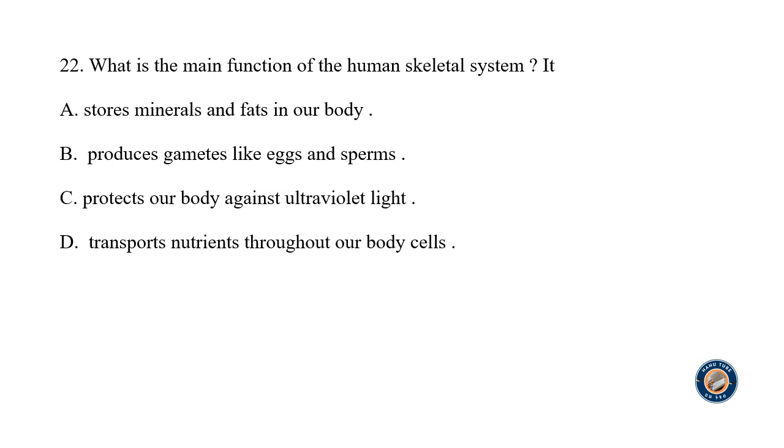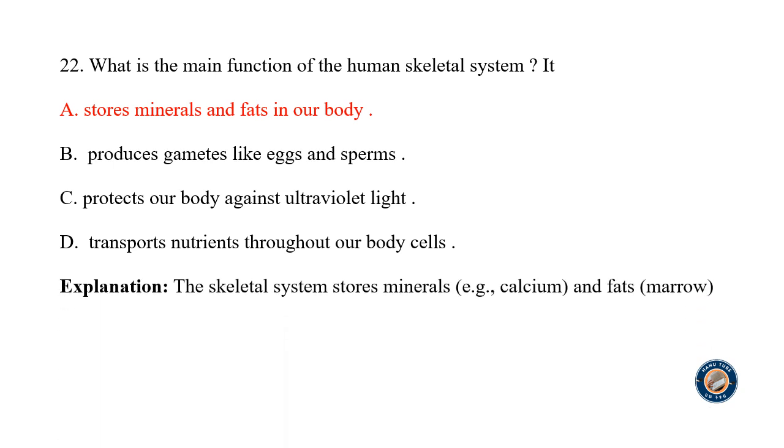D. It transports nutrients throughout our body cells. The answer is it stores minerals and fat in our body. The skeletal system stores minerals, for example calcium, and fats in the marrow.